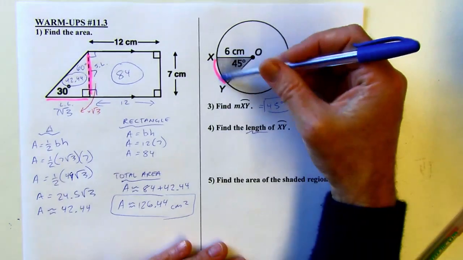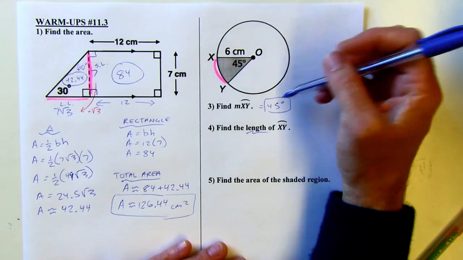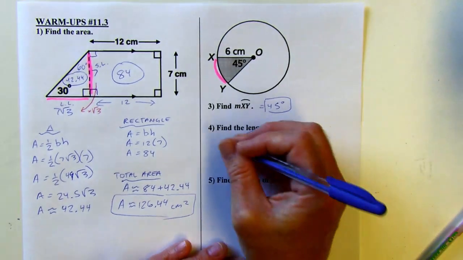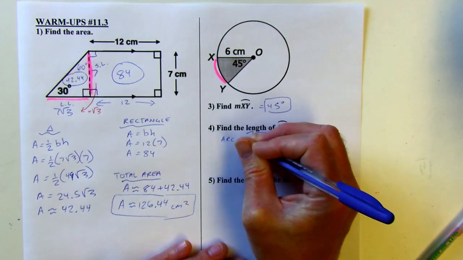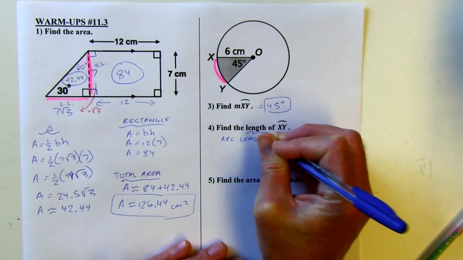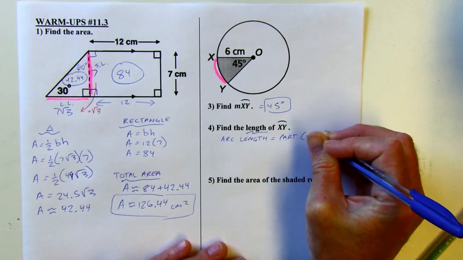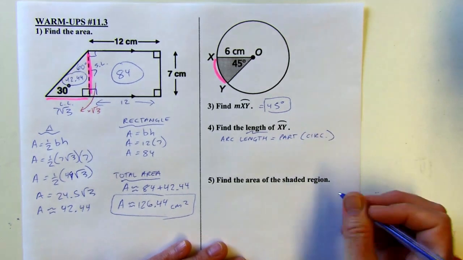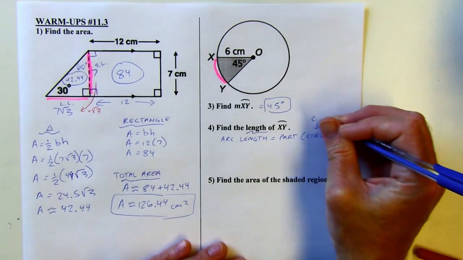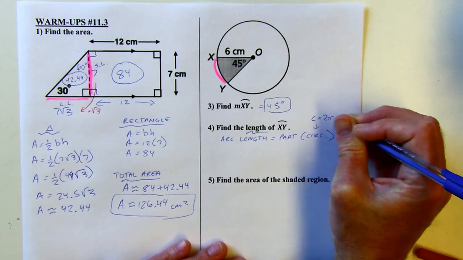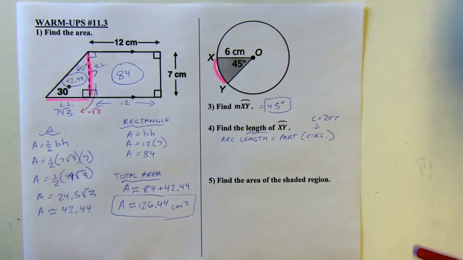So this pink piece of the crust is part of the circumference of the whole circle. So arc length, I always think of arc length that way, as part of the circumference. Okay, and you have to know the circumference formula. So the circumference formula for a circle is 2 pi r, or you could call it pi times diameter, but I've got a radius here, so I'll use that.